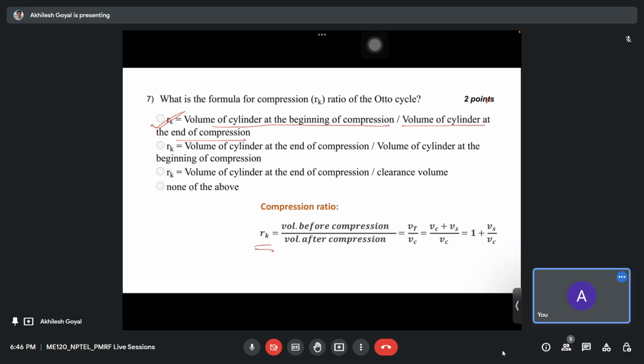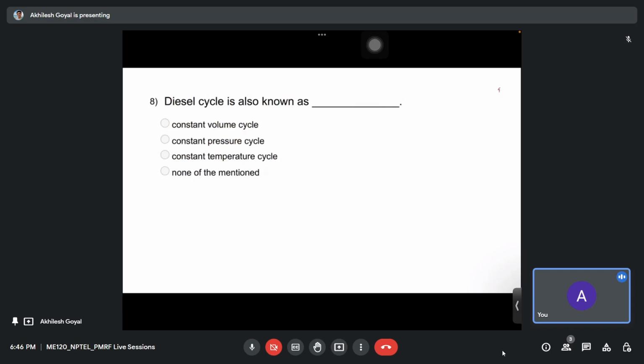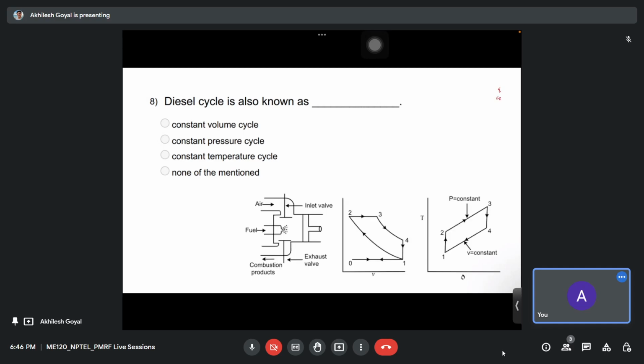So move to the next question. The next question here is, the diesel cycle is also known as: constant volume cycle, constant pressure cycle, constant temperature cycle, or none of the mentioned. So let's see how a diesel cycle looks. Here, let's see the PV diagram.